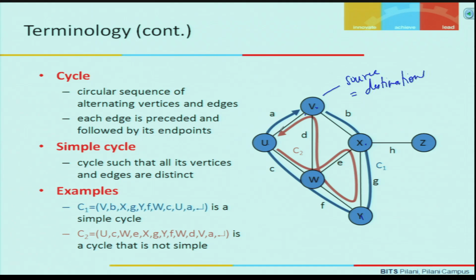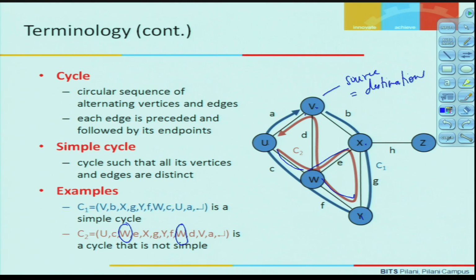So, this particular example of a cycle is a simple cycle, whereas if you look at a cycle like this, you start from U, go to W, go to X, go to Y and go back to W. So, you are going to again come back to W. So, in this cycle, vertex W is visited twice, we will say such a cycle is not a simple cycle.